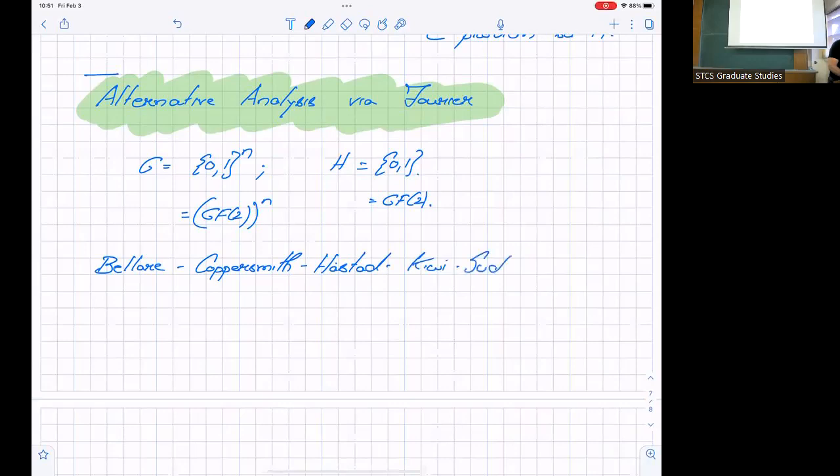The list of authors is longer than the proof. This was discovered in '96, so a good 5-6 years after the BLR.